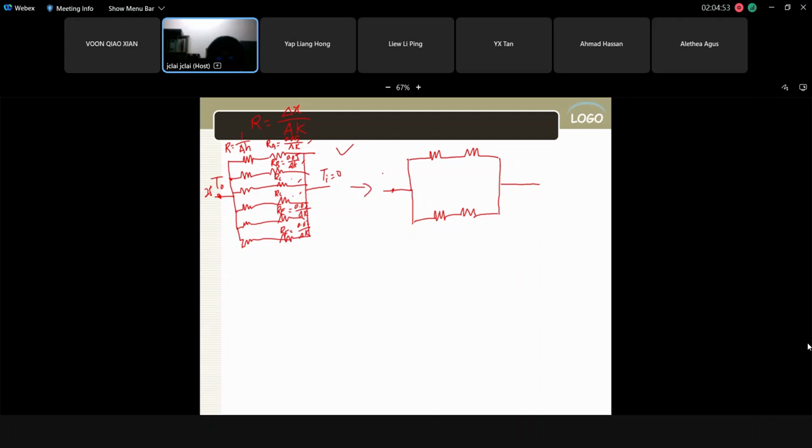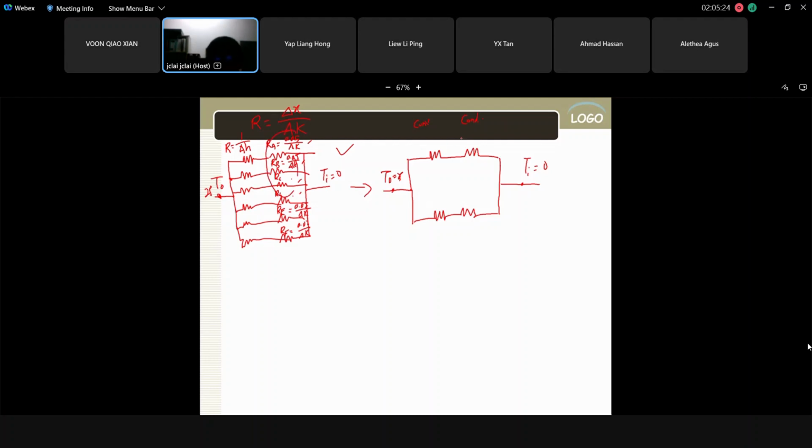Okay. T in is 0, T out is 25. So this is convection. This is conduction, right? Convection, I don't see so much, but conduction you see. So you can actually combine these four.